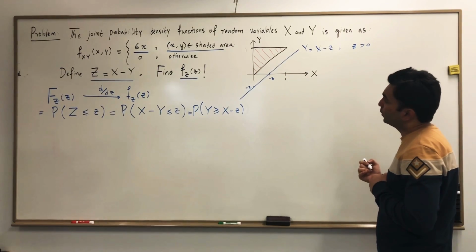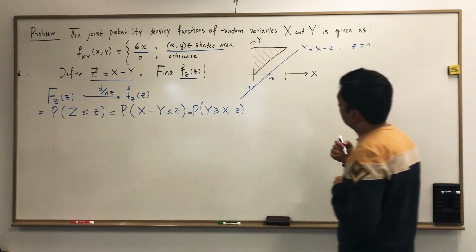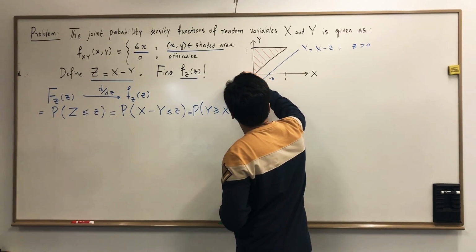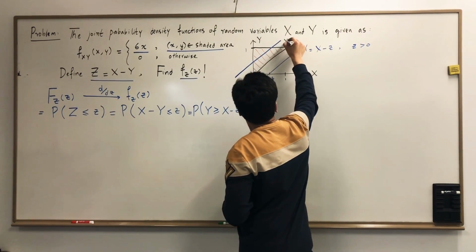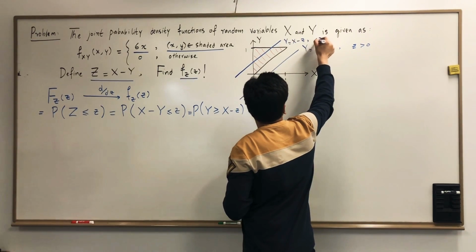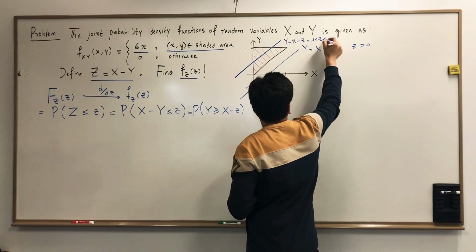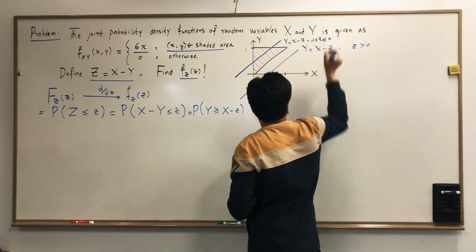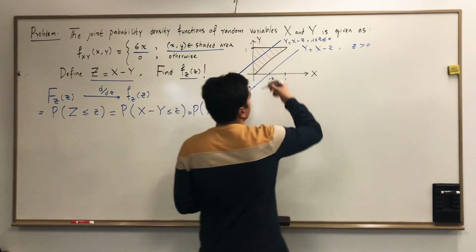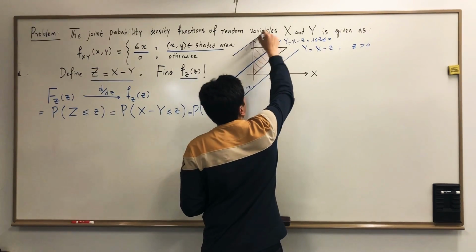And if z is between -1 and 0, then the line will be here. So this is the line y equals x minus z when z is between -1 and 0. And of course, if z is less than -1, the line will be here.